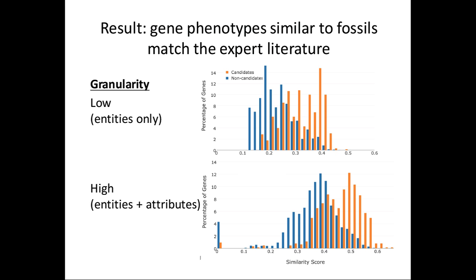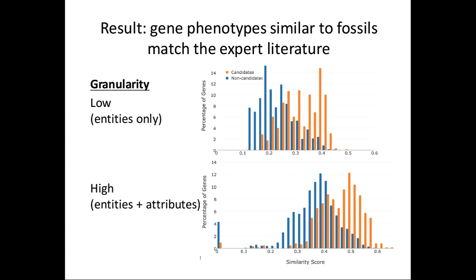So I want to compare low granularity annotations of curation with higher granularity or finer. So low granularity is just extracting the entities. There's no detailed description like you saw in that quote. The blue is the distribution of about 15,000 genes that aren't identified as candidates by experts in the literature. The orange are the candidates that have been identified by experts in the literature.